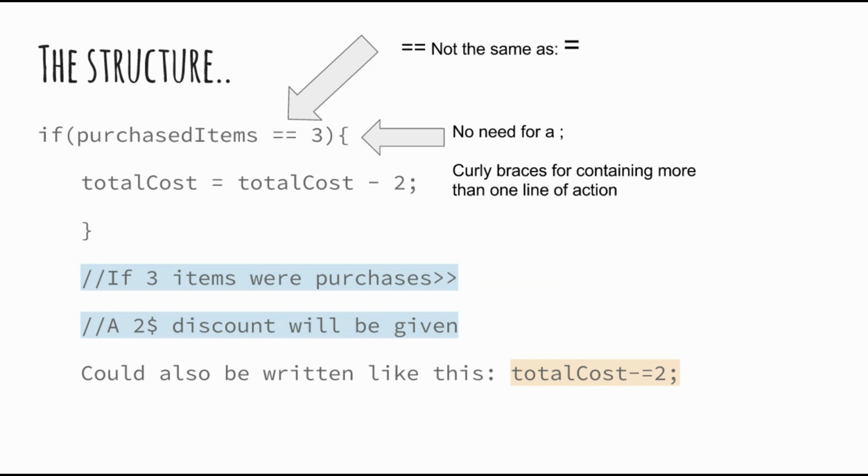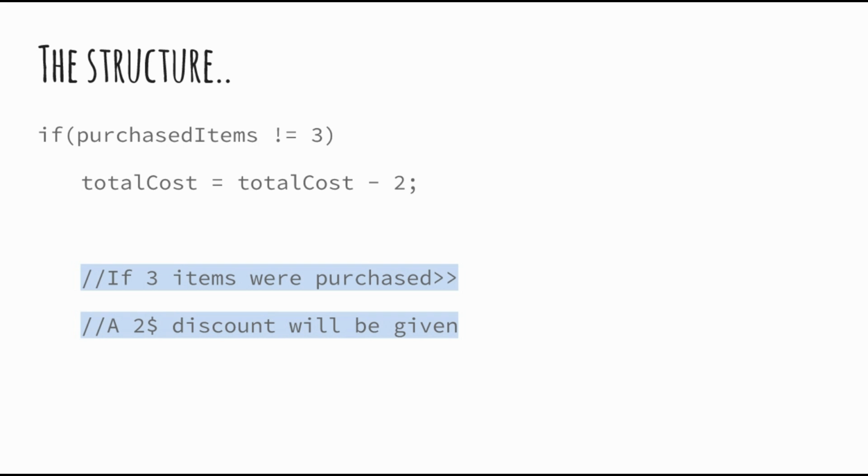You could write 3 rows and have the curly braces included, but in case you write only one action, like here in this example, you don't have to have the curly braces, but sometimes it just looks more organized and might prevent confusions. Another thing I would like to show here is this sign, which means not equal. So if the value is not equal to 3, then the following condition will happen.